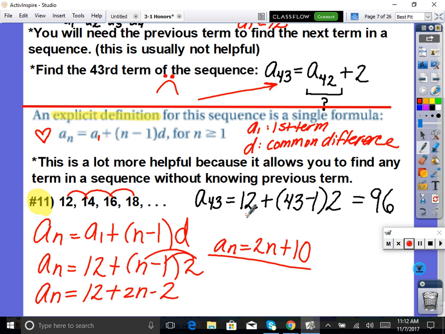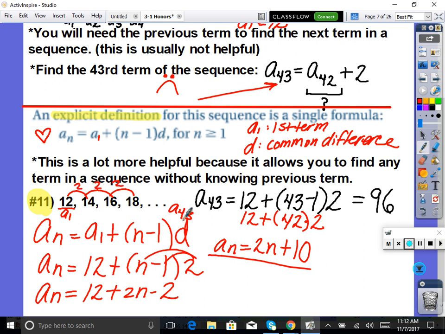Now let's think about why this makes sense. So we'd be doing 12 plus 42 times 2. Now let's think about why this formula makes sense. This is a sub 1. We want the 43rd term. Now think about it. We're going to add 2, add 2, add 2.